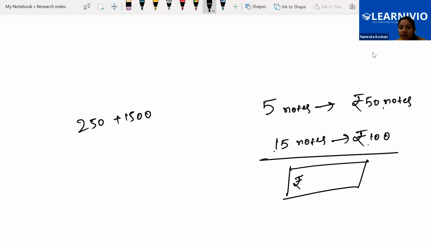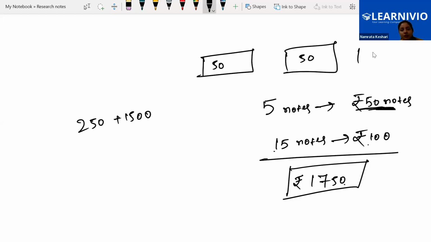Is it so, Arya? So 1750 total. Yes, it is so. 5 notes each having 50 rupees. Each note is of 50 rupees, that means 50 rupee note, 50 rupee note, 50 rupee note.